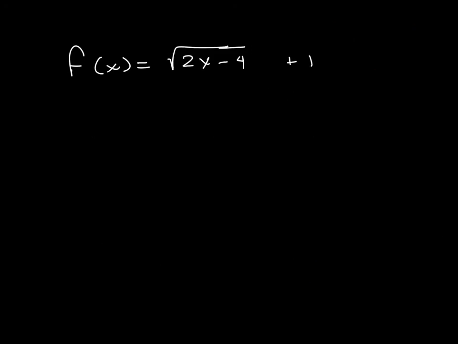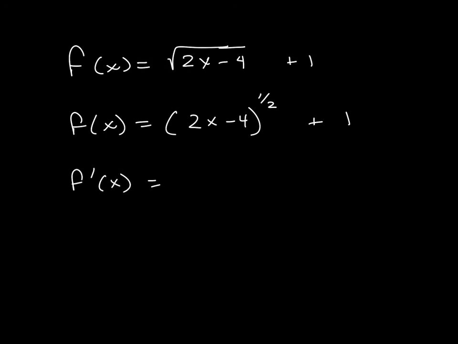All right, so with this function, the first thing I'm going to do is rewrite the square root in terms of an exponent, which means that it's going to have 2x minus 4 to the 1/2 power plus 1. So to find the derivative of this, I take the derivative of the outside, which leaves me with 1/2.